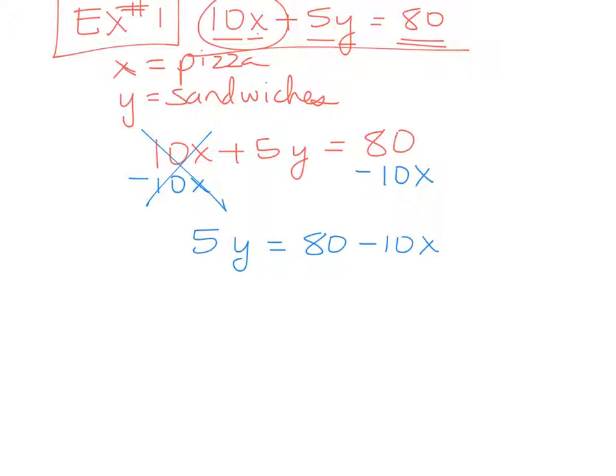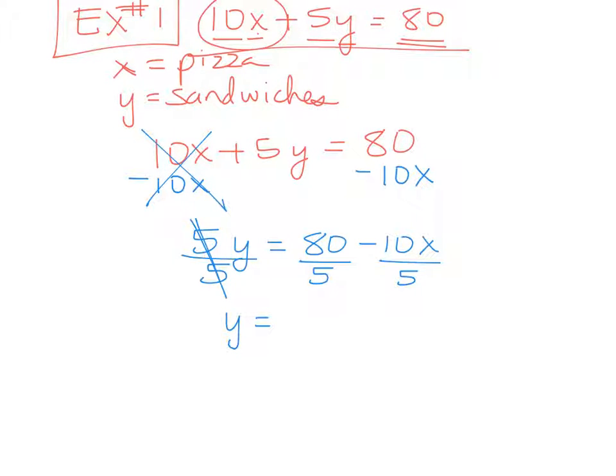Now, again, we're trying to isolate y. So what would my next thing be? How do I get y by itself? Divide by what? Divide by 5. So now if I divide by 5 everywhere, and you have to do it to everything, I'm going to divide by 5 on all of these. So this is gone. 5 divided by 5 is 1, so I'm left with y.